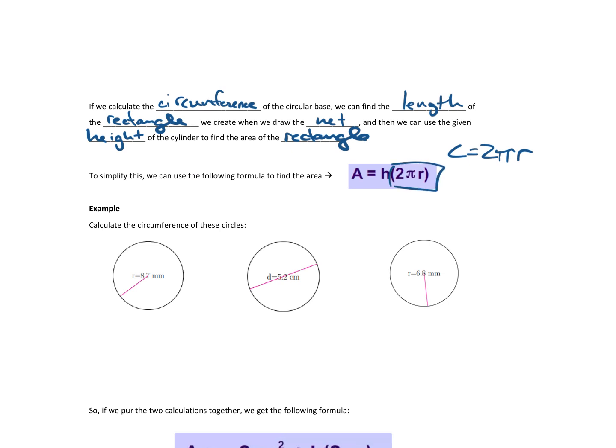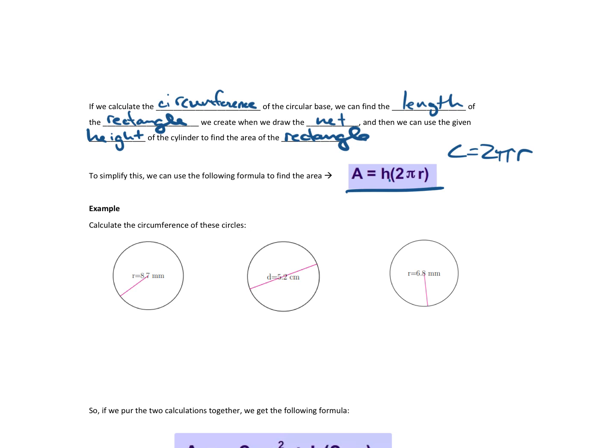If you're not drawing the net and you just want the area of the rectangle, the formula A equals h times 2 pi r, which is h times the circumference, will give you the area of that curved surface.